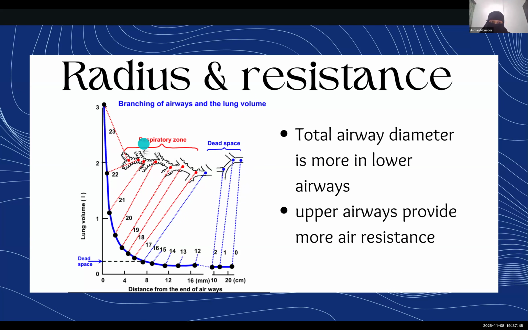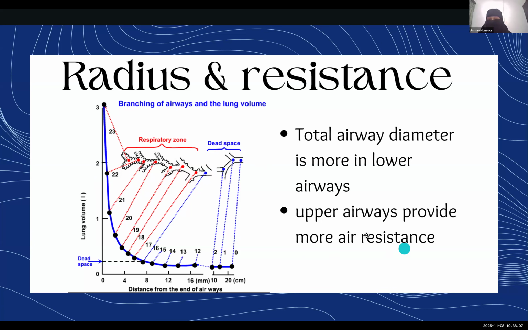If the radius is more in the periphery, what happens to the resistance? The resistance will be low. The resistance will be decreased in the periphery, whereas in the center or the upper airways, it's going to be a lot.